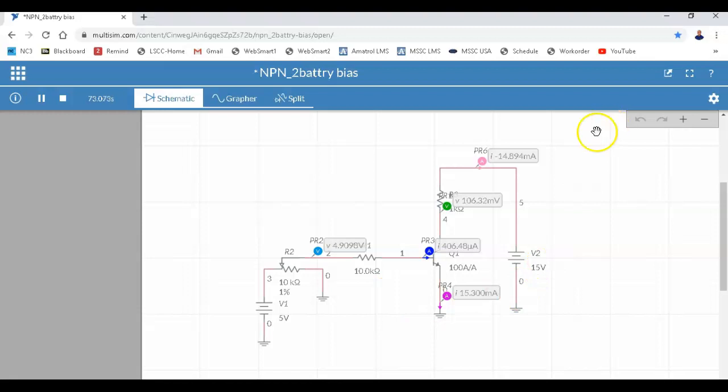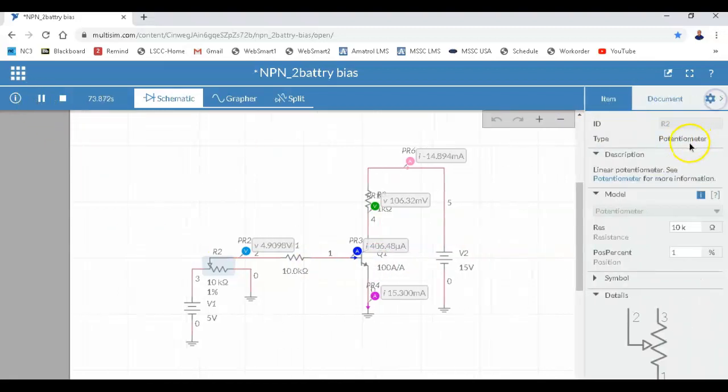So I'll come up here and we'll saturate it. We'll go ahead and set it to 100%. Now notice my collector is dropping all the voltage.